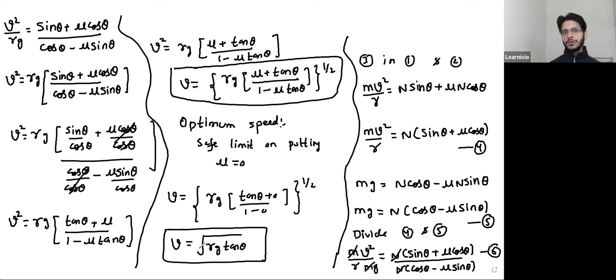This is the optimum speed, the safe limit ignoring friction, meaning your road and tire don't have friction in between, a smooth road and smooth tire. Due to banking alone, your system can have some safe limit. So optimum speed means due to banking only.